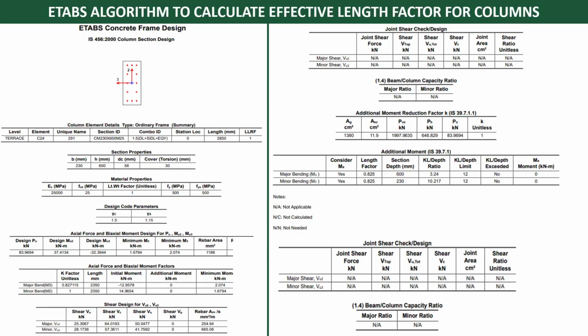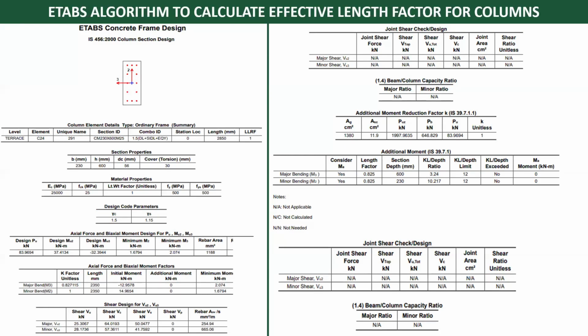And again, unless you know the algorithm of the software, you cannot understand the design report of the column. It is not only for the column, different elements such as shear wall also, right? So that's why you should have an idea how to design your element.